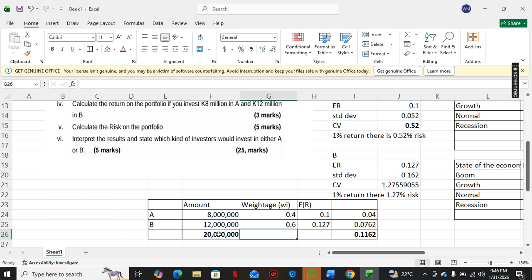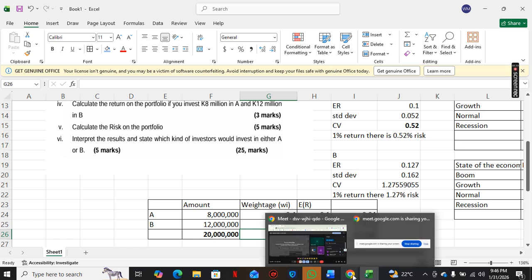So what these weightages are telling us is that investment B is going to have more of an influence on the expected return of the portfolio because it's got a higher weightage. Just like your grades, okay? Assignments, quizzes, and tests, they've got a lower weightage. Your exam has got a higher weightage. So your overall result is going to be mostly influenced by your exam because your exam has got a higher weightage.